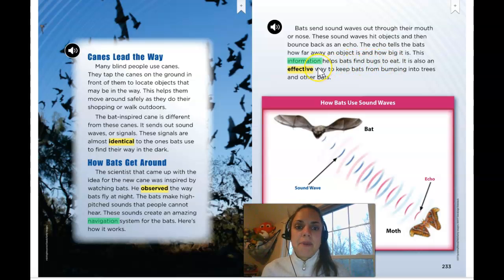What is the basic simple word inside of this word? Let's check your choice. Inform. To inform is to give facts. Information are the facts. Those two words are related.